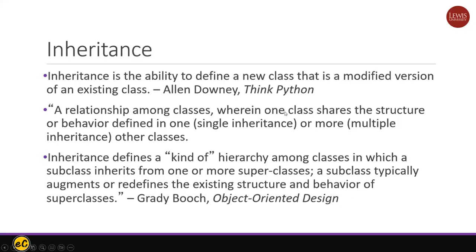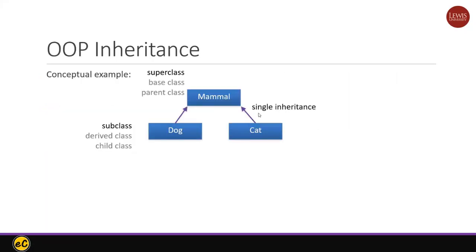Okay, so that's the inheritance. We talk about it too much. So mammal, dog, and cat. Cat is one kind of mammal. Dog is one kind of mammal. And then we call the mammal a superclass, base class, or parent class. Dog actually is a subclass, derived class, or child class.